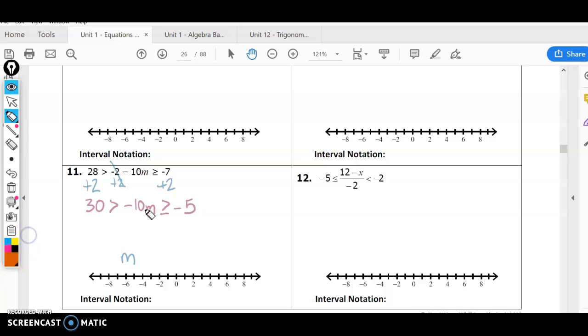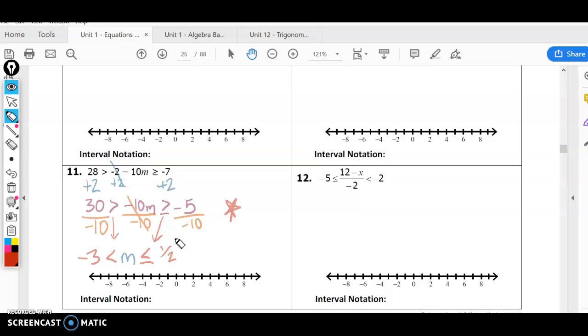The last step is to divide not only the middle by -10 to cancel it out, but every side by -10. Since we are dividing by a negative, the same rules apply where we have to flip both signs. Notice how both signs flip. This becomes -3, and this becomes a positive 1/2.